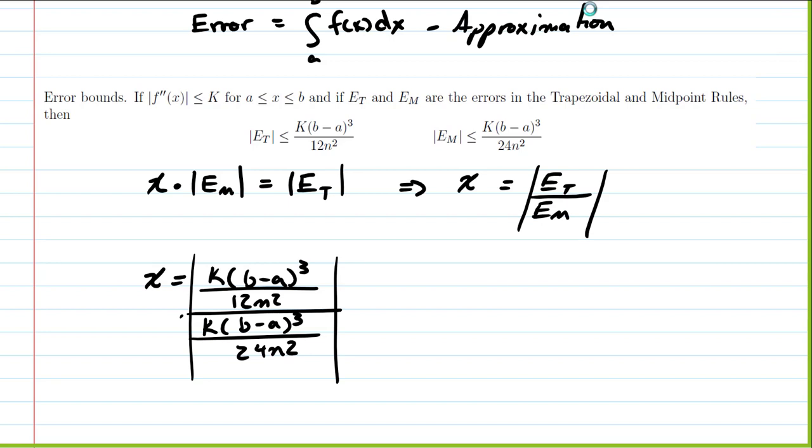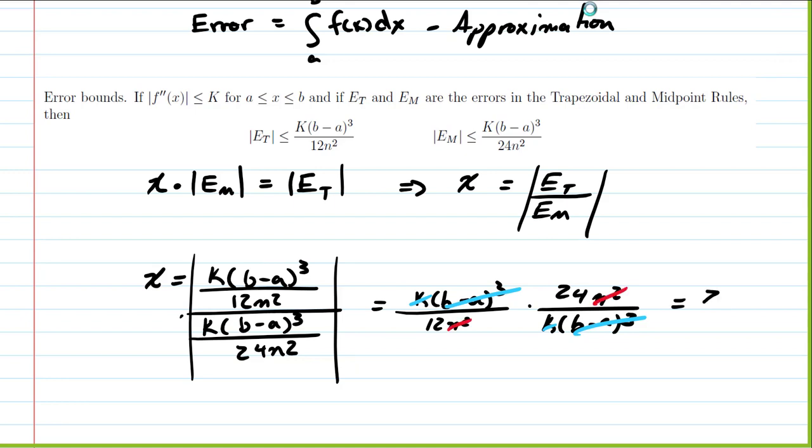So that's the same as multiplying by the reciprocal. And in this case, we'll notice a whole bunch of stuff reduces out. And 12 goes into 24 two times.